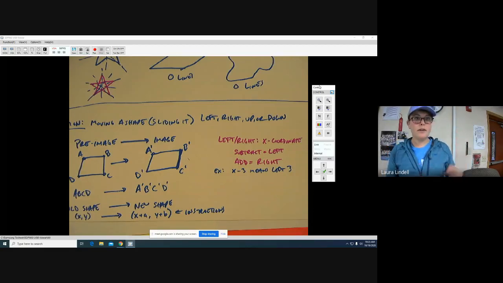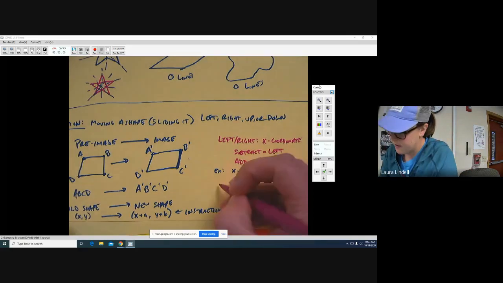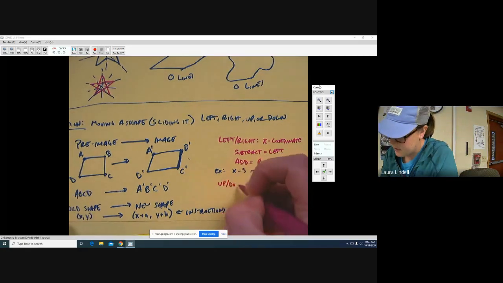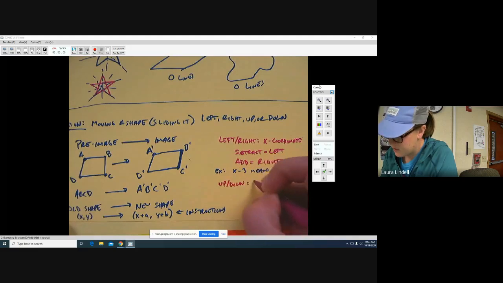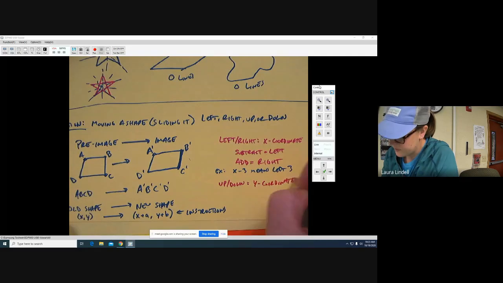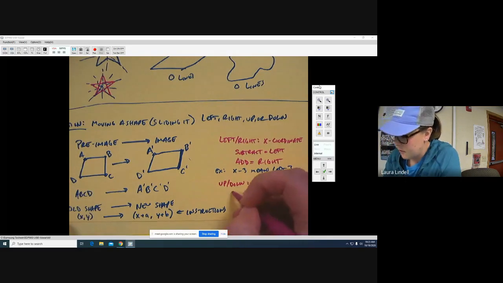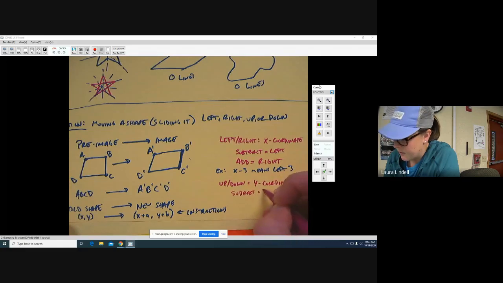And then likewise, moving things up and down is dealing with the y coordinate. So if you subtract, that's going to be moving it down. And if you add, that's going to be moving it up.